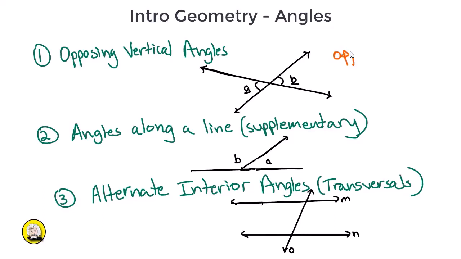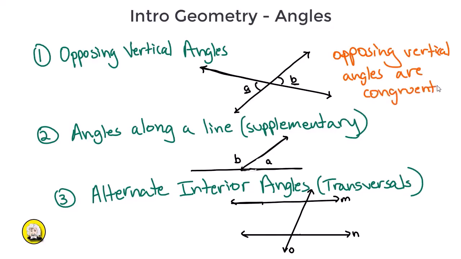And opposing vertical angles are congruent, which really just means they're of equal measure. So angle A equals angle B. If angle A were 60 degrees, for example, we know angle B must be 60 degrees. Likewise, if we had angles C and D, they're also opposing vertical angles formed by the same 2 lines, and C must equal D in that case, because opposing vertical angles are congruent.